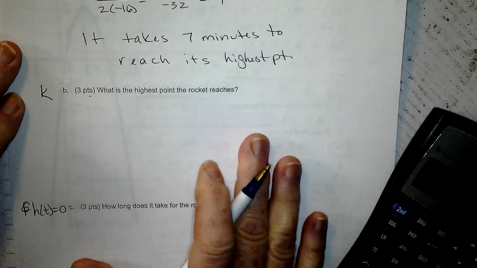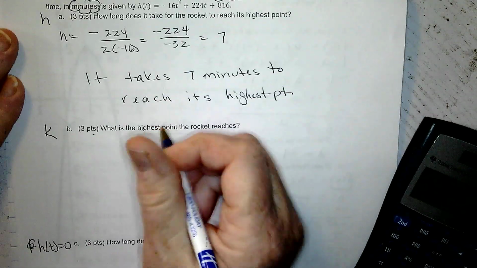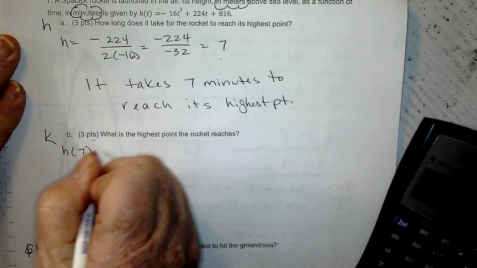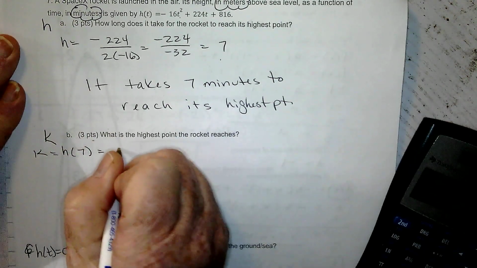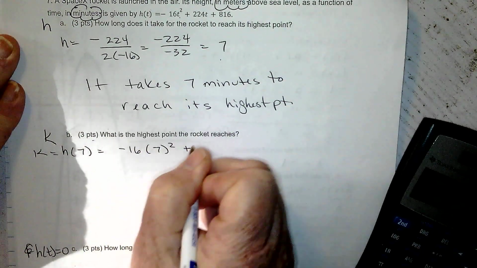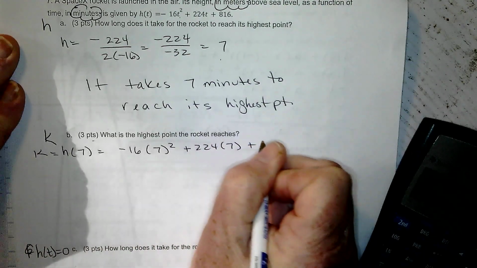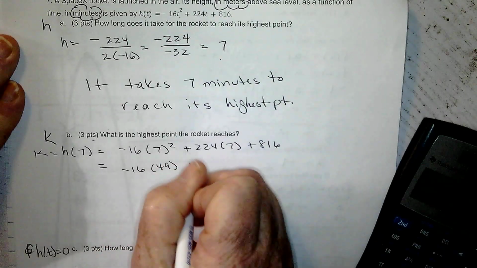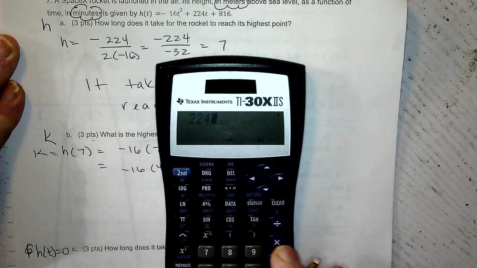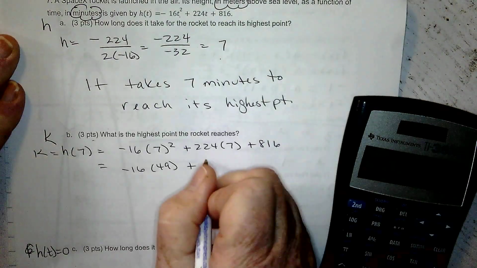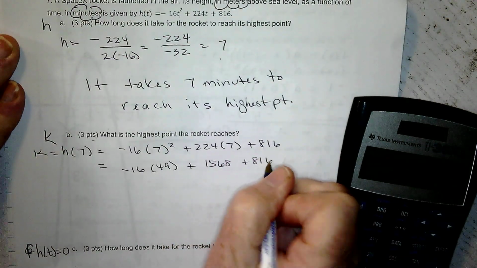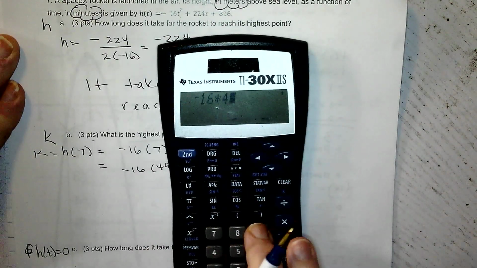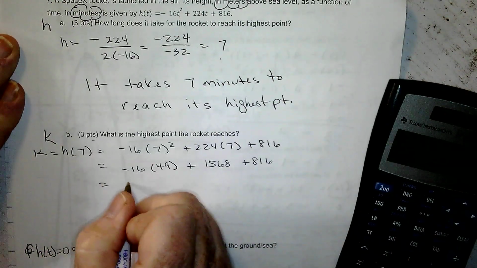The next one is what is the highest point the rocket reaches? And that is when we take 7 and substitute it in for our t, so h of 7 equals negative 16 times 7 squared plus 224 times 7 plus 816. Negative 16 times 49 plus 1568, and then negative 16 times 49 is negative 784.